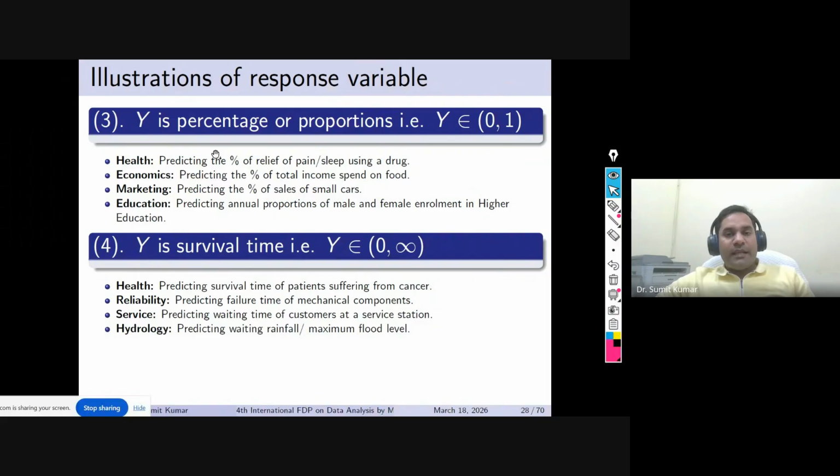It may be a percentage or proportion type, where the limit is 0 to 1. Or it may be survival time, like predicting the survival time of a patient suffering from cancer, how long they will survive, up to 10 or 12 years after getting the disease. In reliability, predicting the failure time of a machine.